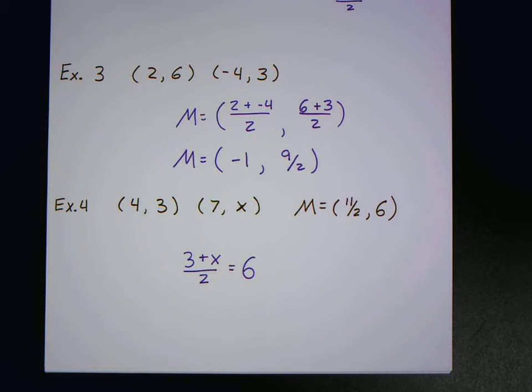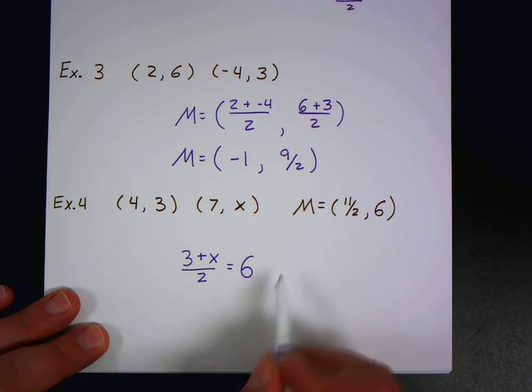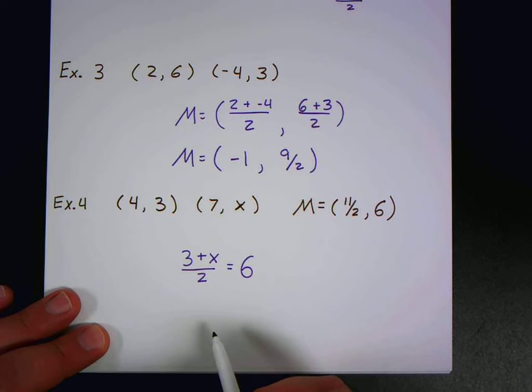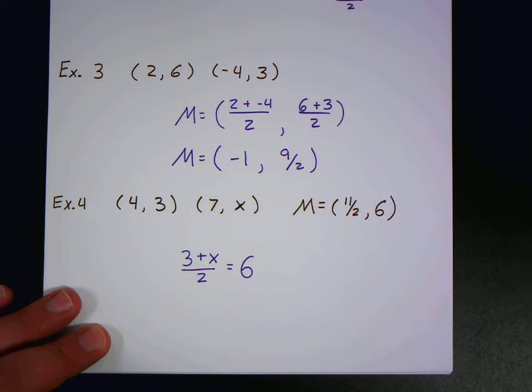Now, the 4 and the 7 don't even matter, right? Since it's an ordered pair, each part of the ordered pair is separate. So then what you said is correct. Whenever I go through the steps here, I'm going to double the 6 and subtract the 3. But for harder problems, we always want to see how to set them up, because again, you're going to be doing this later with only variables.